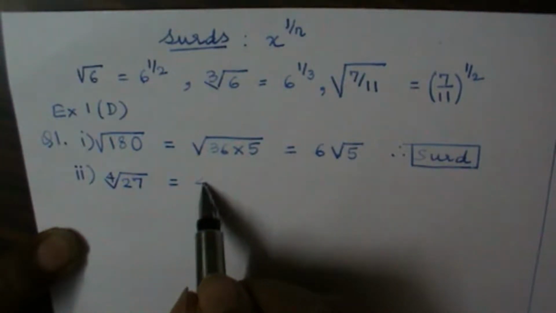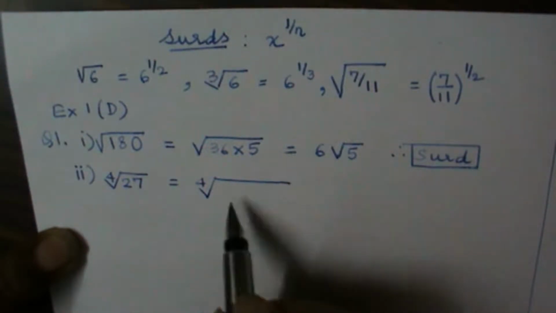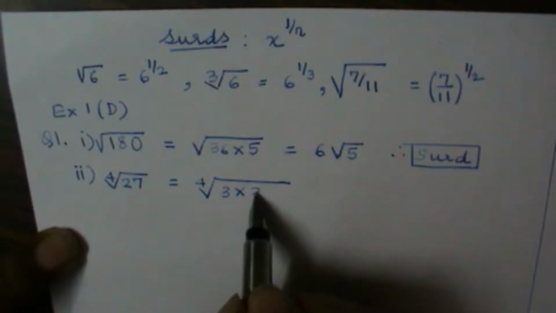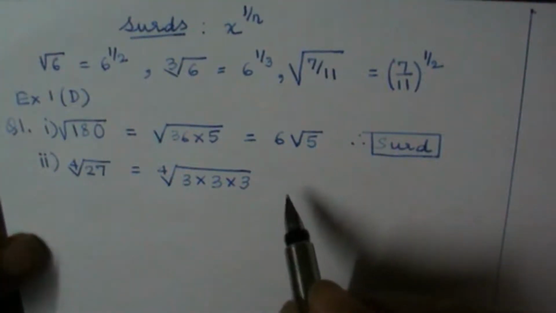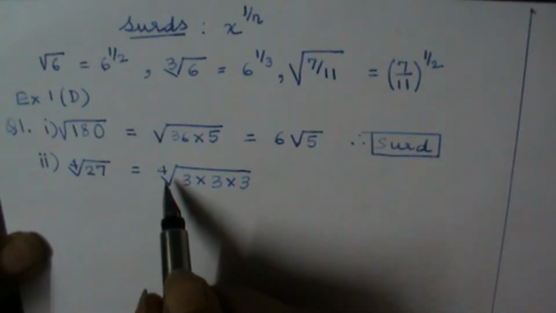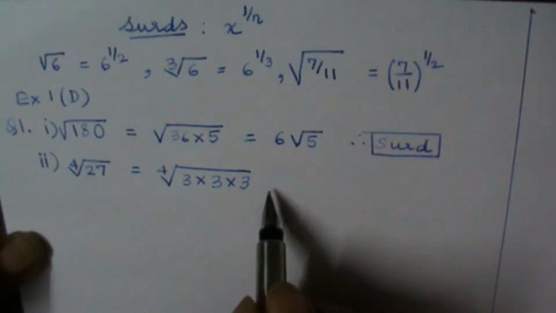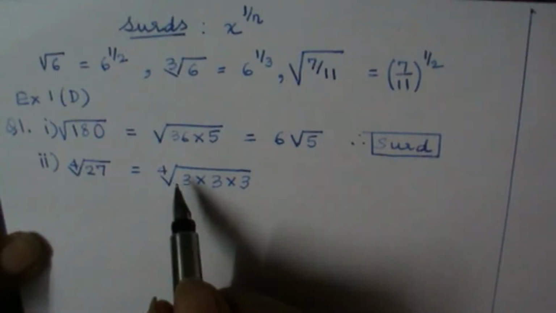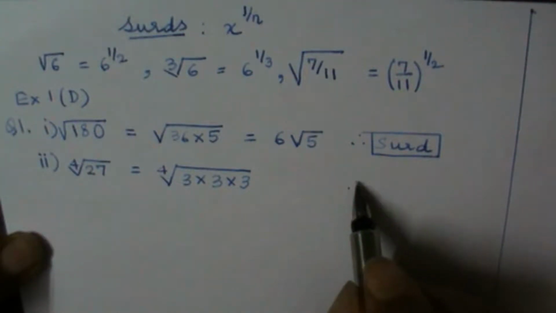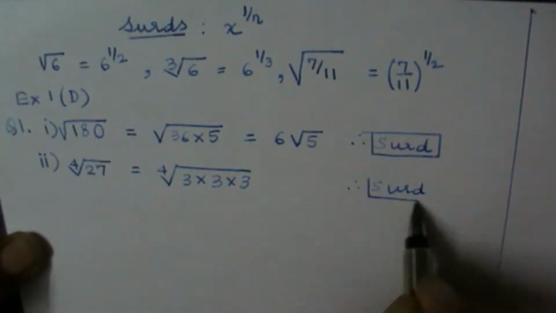So you know that 4th root of 27 is 3 times 3 times 3. And you know that in order to take the 4th root, I should have had one more 3 over here, and so I cannot now find a root of it, and therefore it is the 4th root of it, and that's why it is a surd.